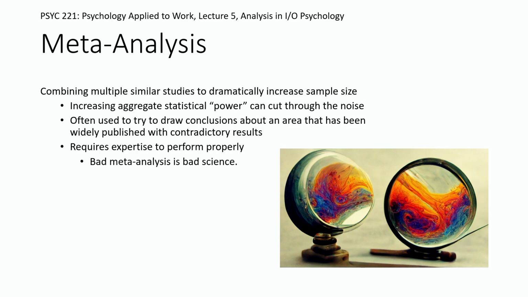and a poorly made meta-analysis is not a good thing. A bad meta-analysis is bad science, but it's a technique that science can use to try to resolve issues that can't seem to be resolved, because studies are super hard to perform.